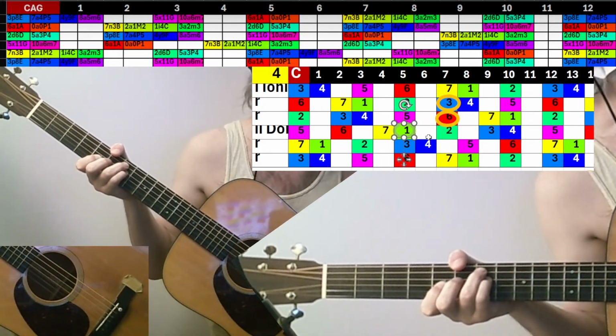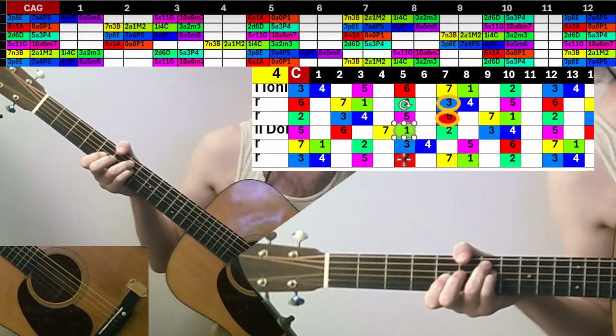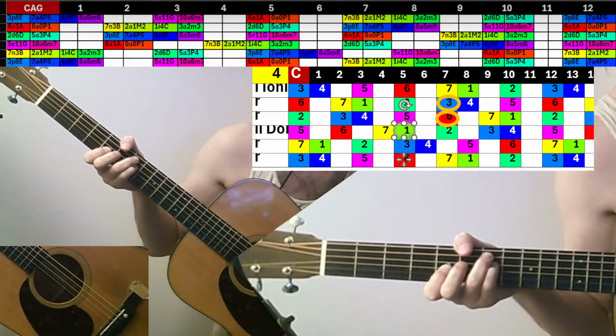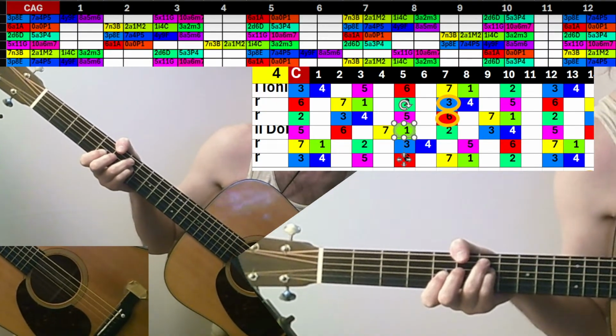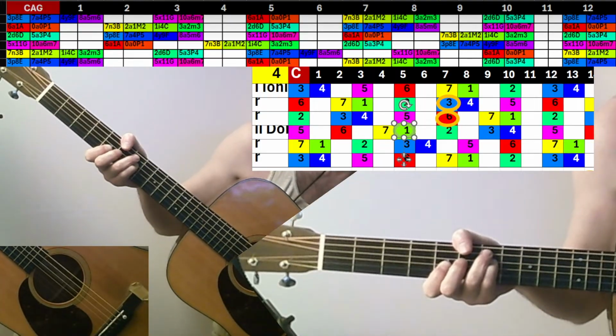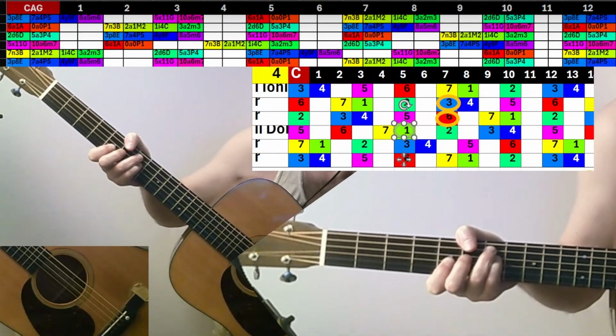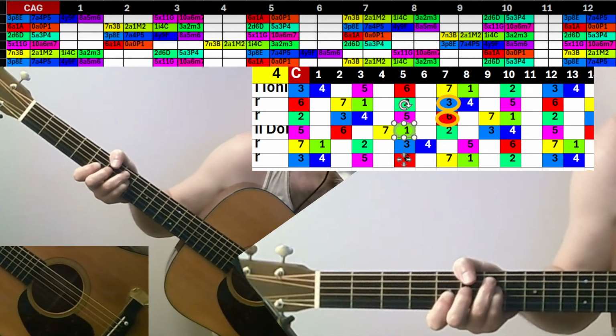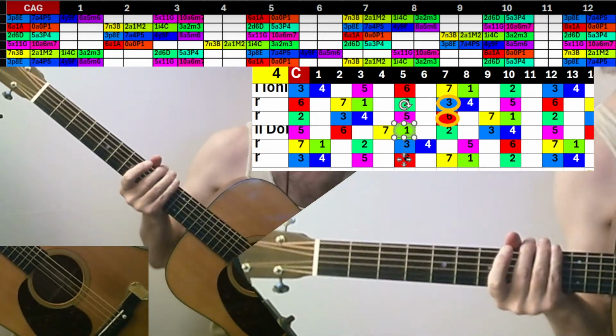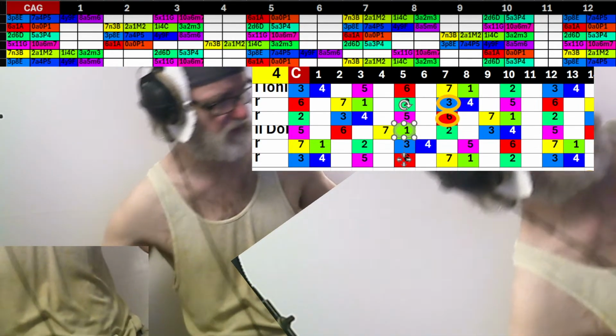It's kind of hurting my thumb. I need my tape. I was doing this last night. It hurt my thumb. Not that tape. This is gonna hurt my.